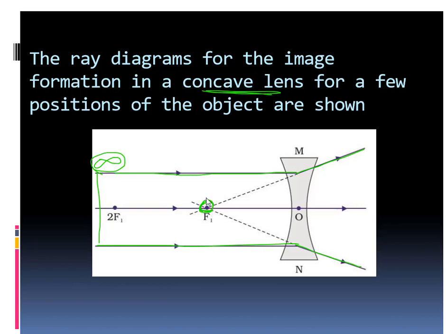It is very small, it is virtual because the rays are not actually meeting, and the position of the image is at the first principal focus. So in case of concave lens, if the object is placed at infinity, then the image will be formed at first focus, which is highly diminished and virtual.